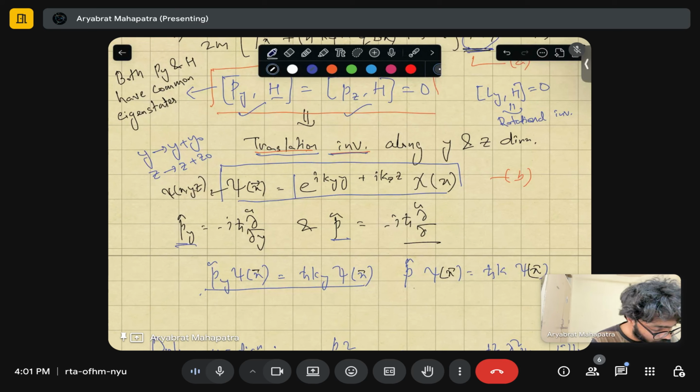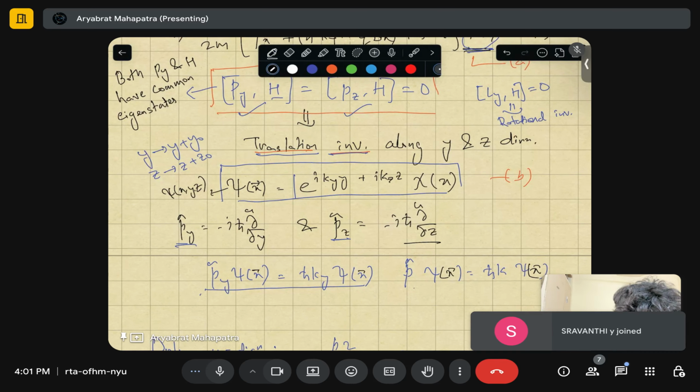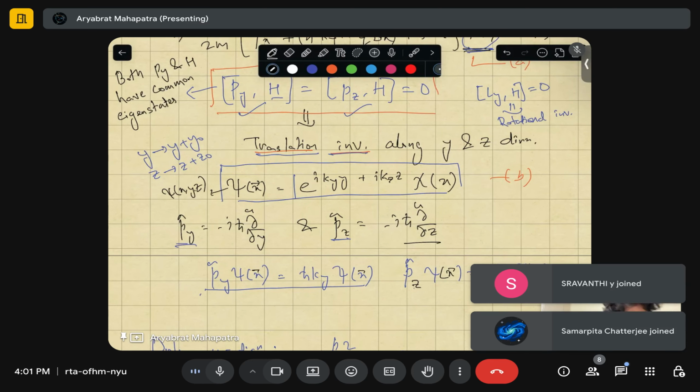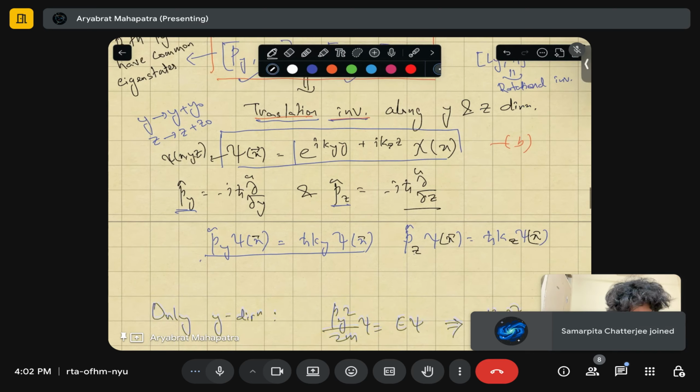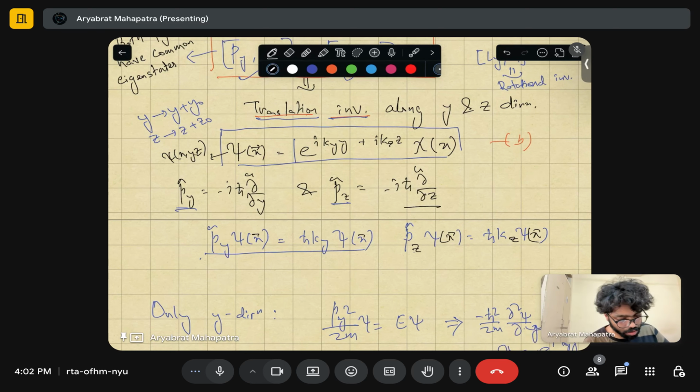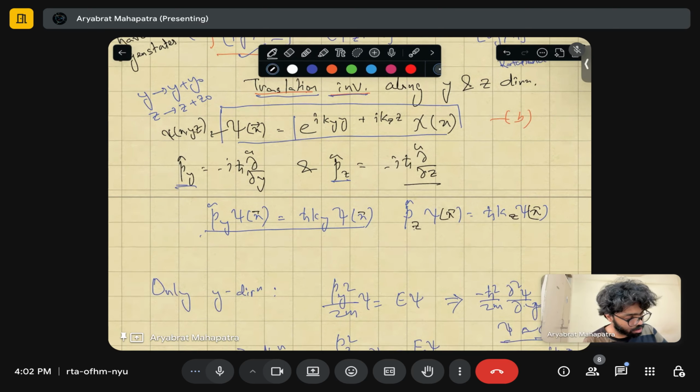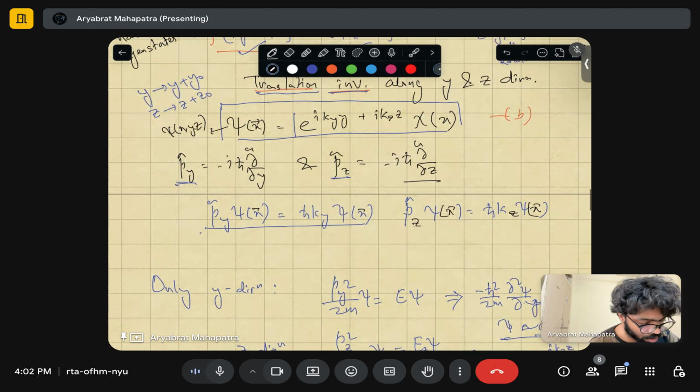So this will be pz z, so pz, and this is hkz, right. So this is how your momentum operator would operate when you operate on psi.